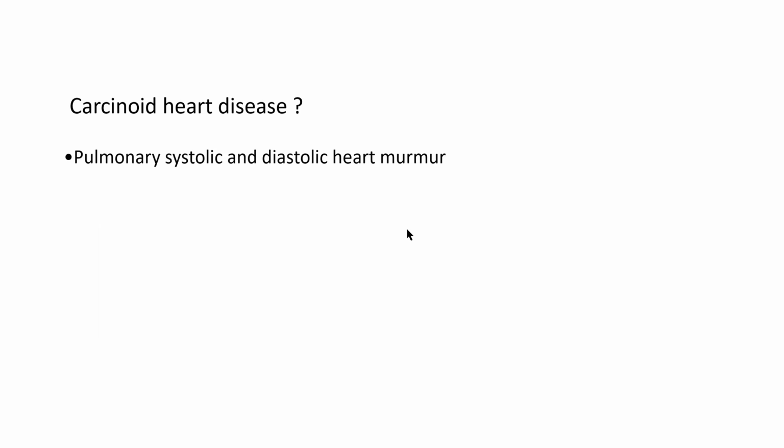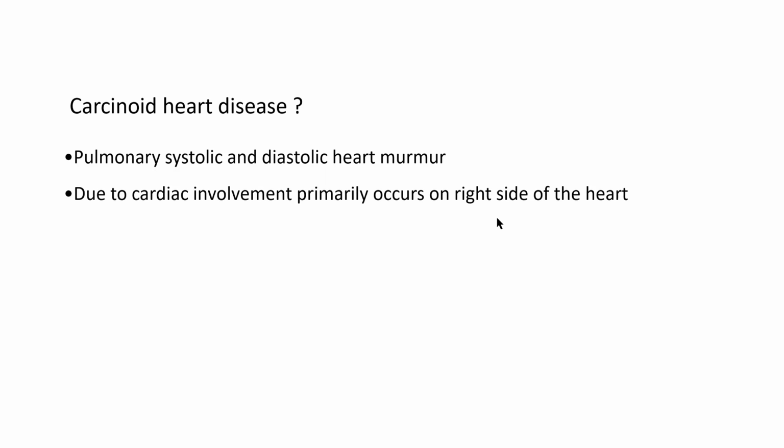As we said, it is right-sided heart affection due to the effect of the same substances, serotonin, bradykinin, substance P, and tachykinins, which badly affect the right side of the heart, especially the tricuspid valve, and can cause pulmonary systolic and diastolic heart murmurs. So, due to cardiac involvement, it primarily occurs on the right side of the heart, with the tricuspid valve most commonly affected. This is simply carcinoid heart disease in one line.